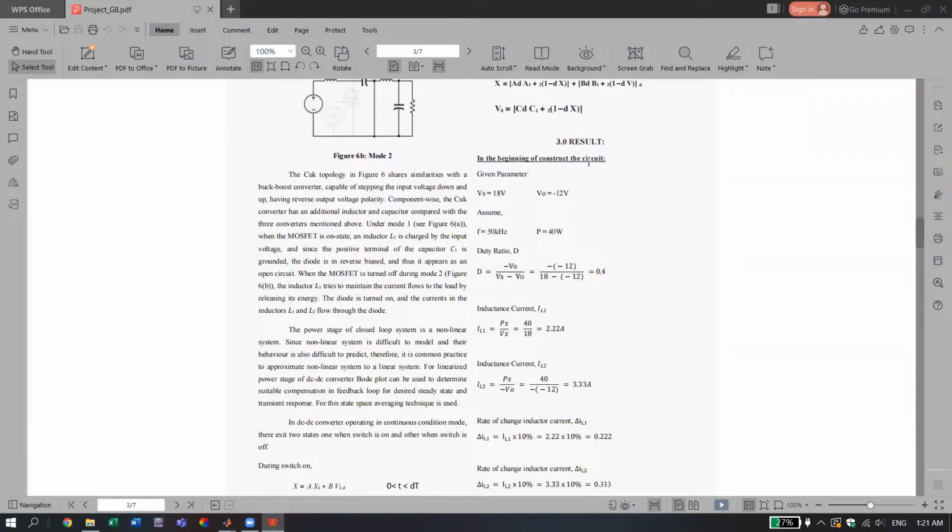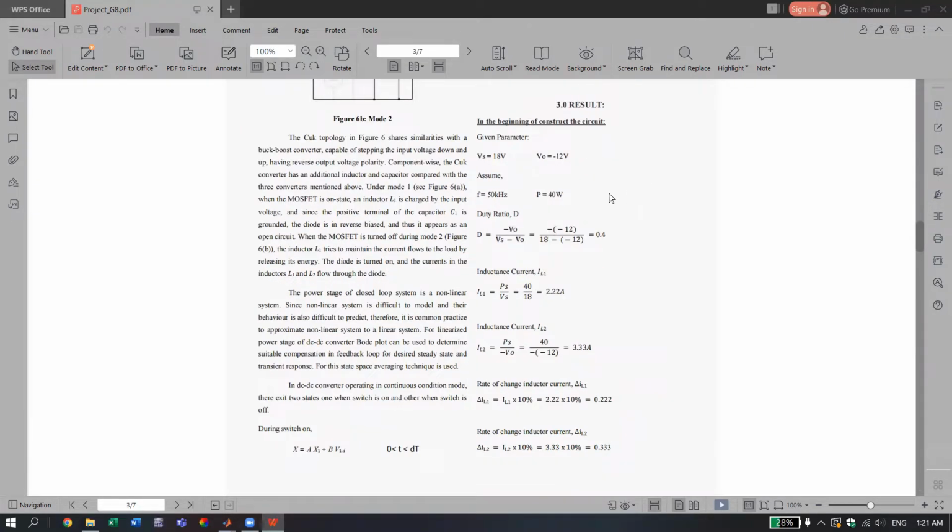At the beginning of constructing the circuit, we need to find the values for the components: resistor, capacitor, and inductor. From the parameters given, we know the input voltage is 18 volt and the output voltage is negative 12 volt.